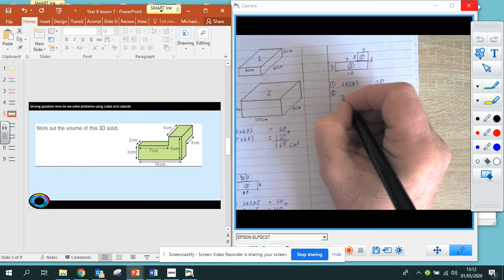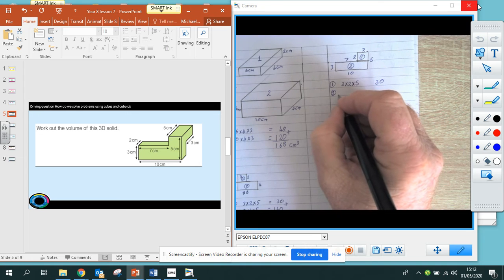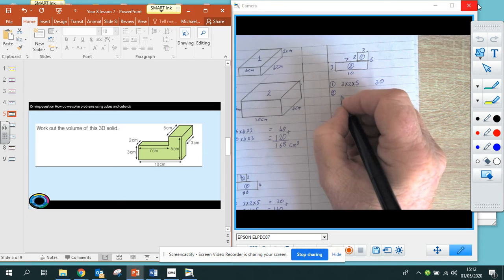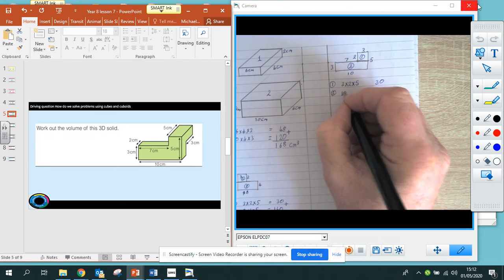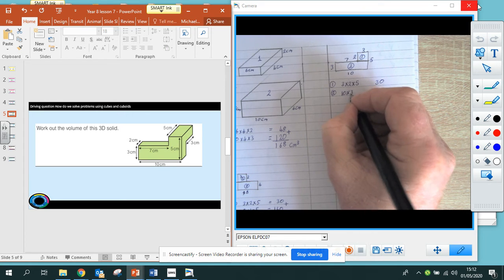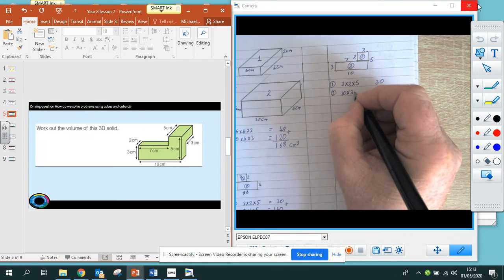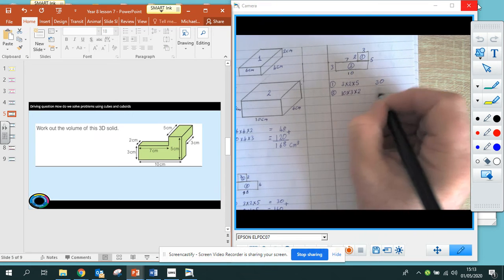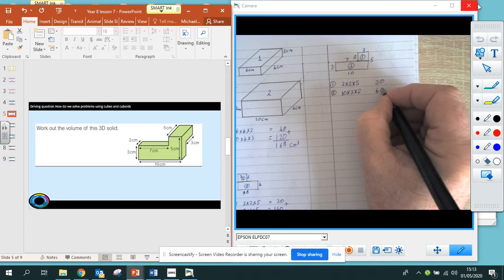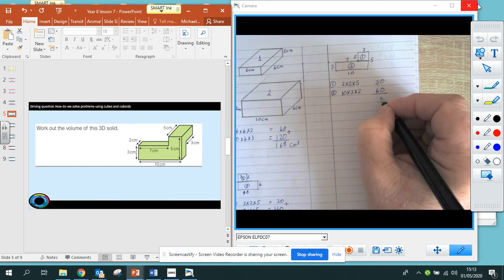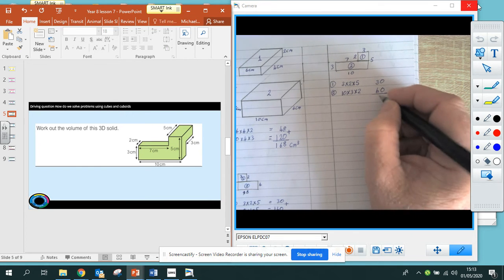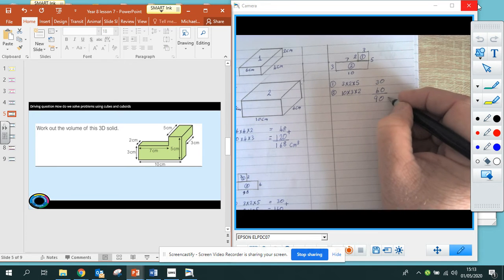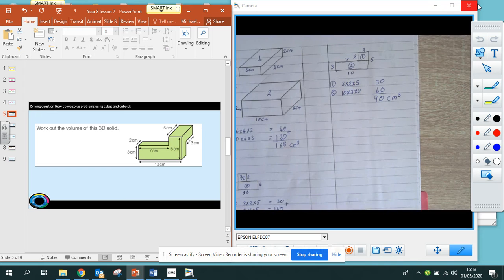And shape 2 is 10 times 3 times 2. 10 times 3 is 30, times 2 is 60. If I add those two numbers together, I get 90. And the units are centimeters, so this will be cubic centimeters.